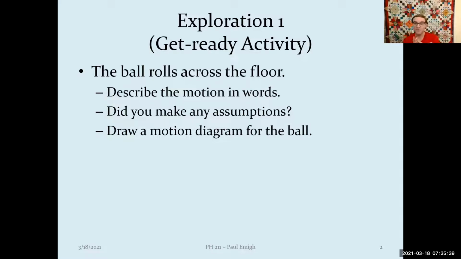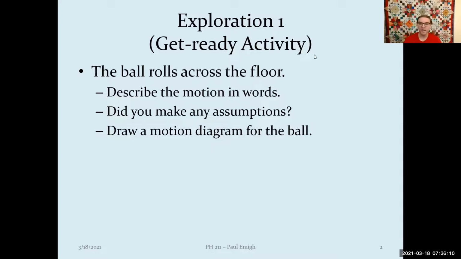If you look really carefully at the ball, it probably doesn't roll in exactly a straight line, but it might be a good approximation to treat it as if it were moving in a straight line. Similarly, you might have debated whether or not the ball was rolling with constant speed or whether it was slowing down. And again, you might decide that it's easier to examine the system if it's moving at constant speed.